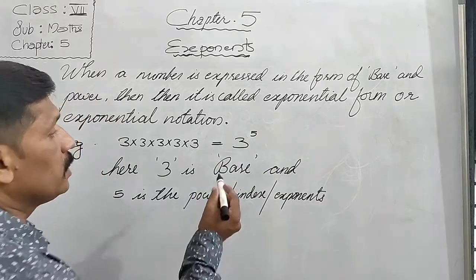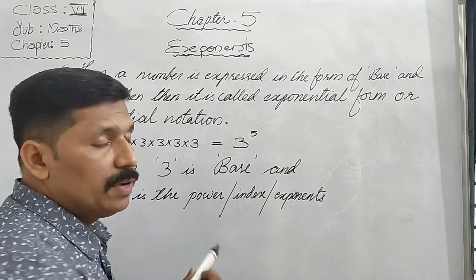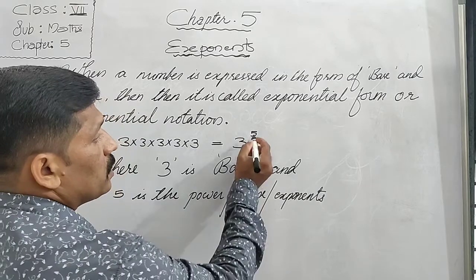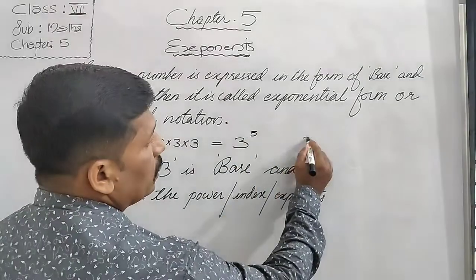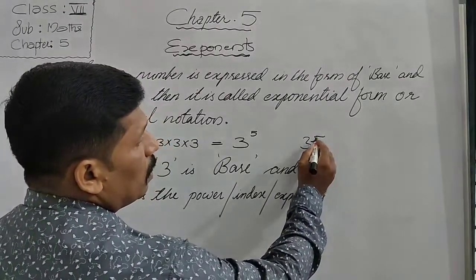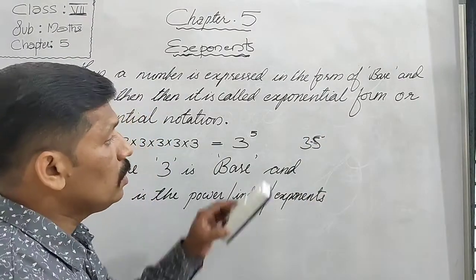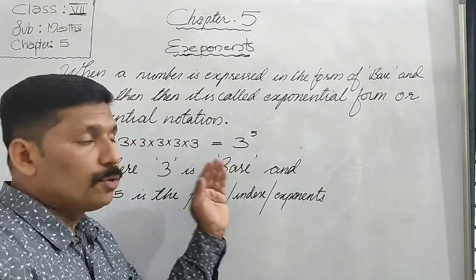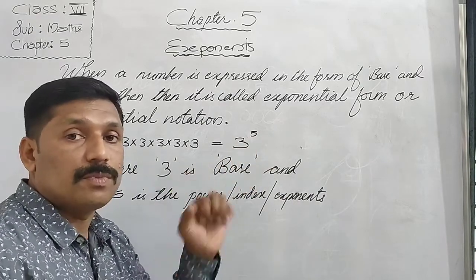So here you can see that the base we write in big numbers, and the power we write in the top right in small numbers. It is wrong to write it in this way, like 3 and 5 side by side. It looks like 35. So always take care that when we write the exponent or power, it should be written at the right top and also in small numbers.